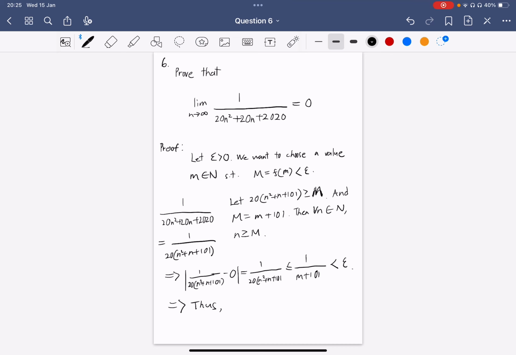Thus, we have shown that the limit as n approaches infinity of this fraction here would equal 0.